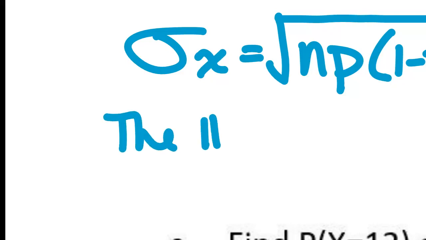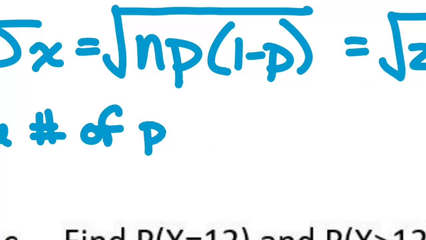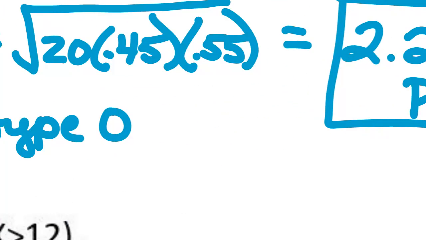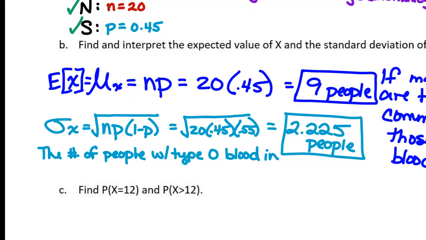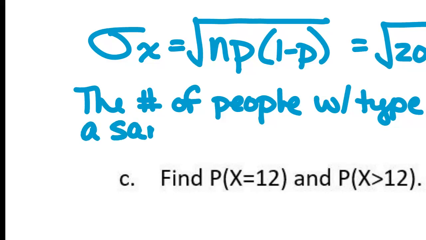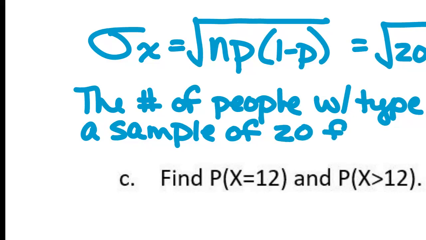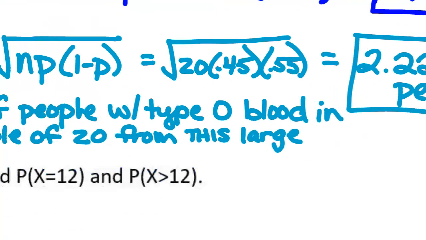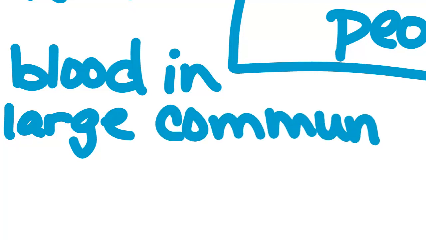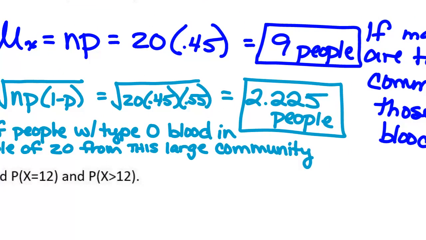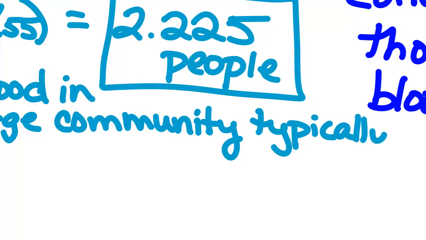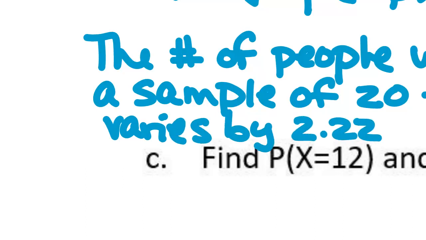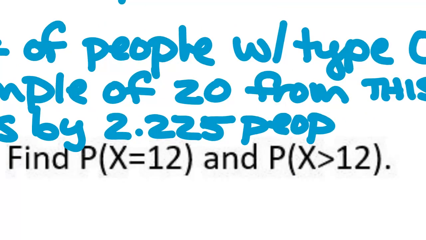So the number of people with type O blood in a sample of 20 from this large community typically varies by 2.225 people from the mean of 9 people.